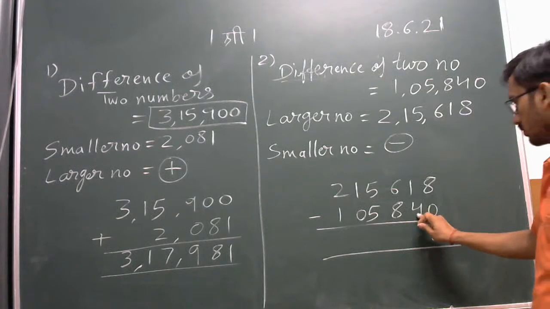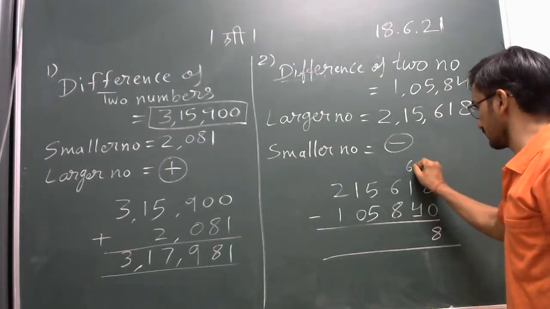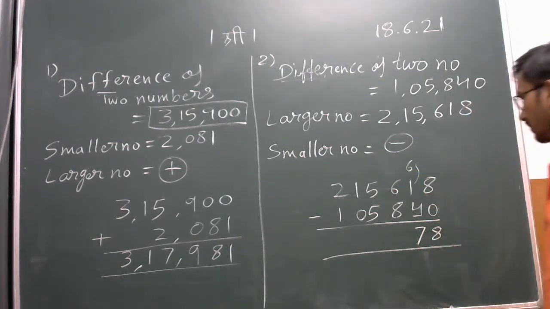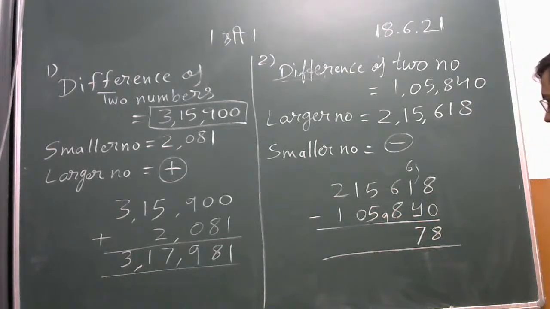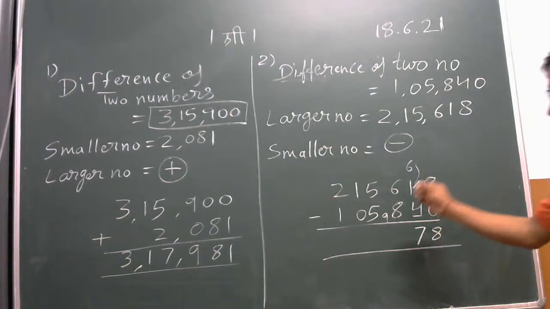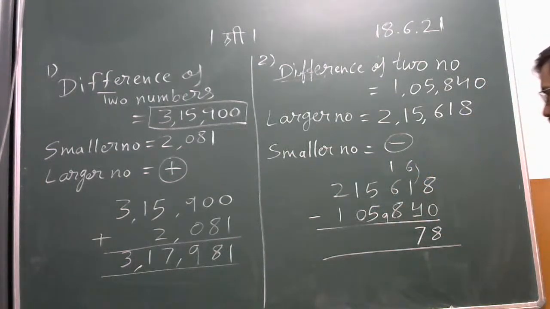Vedic math trick. 4's complement is 6, 6 plus 1, 7. This 8 will become 9. And 9's complement is 1.